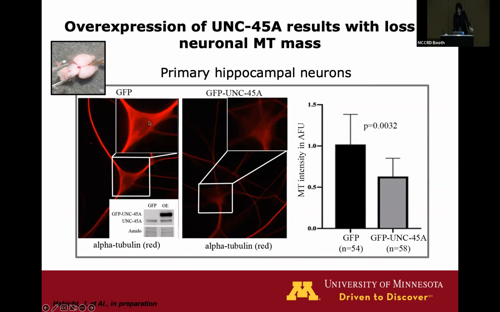They are infected with either GFP or GFP-ANC45, and similarly to what we have seen in cancer cells or in fibroblasts, the overexpression of ANC45 over a period of 24 to 48 hours leads to a significant decrease in the microtubule mass, suggesting that in neurons too, ANC45 overexpression causes loss of microtubule mass via severing.